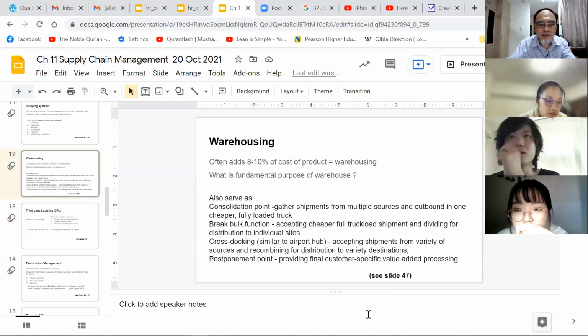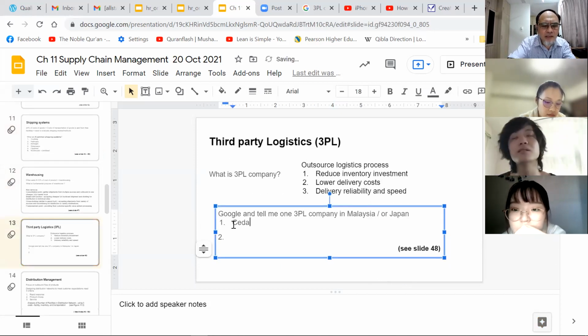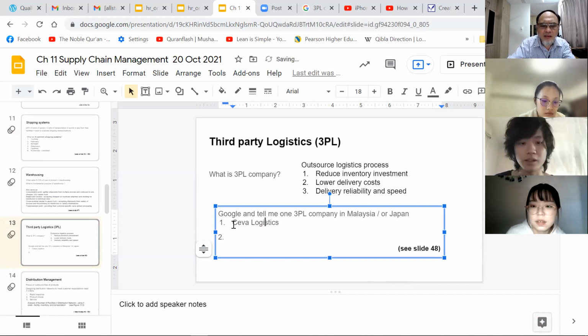CEVA Logistics Malaysia. It's not D, it's V. Yes, it's correct now.